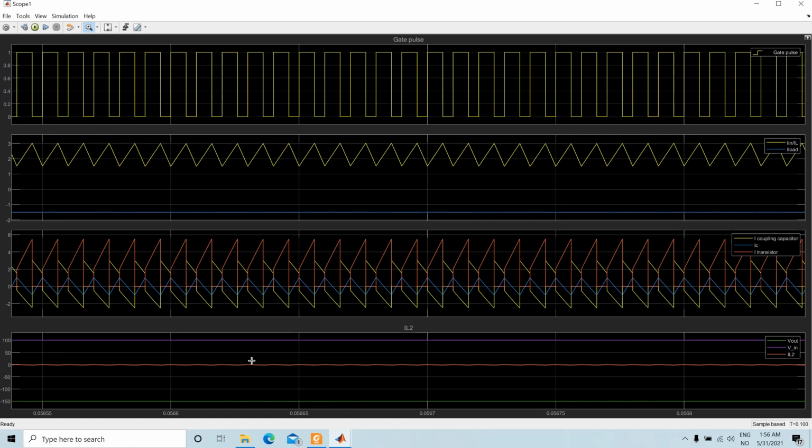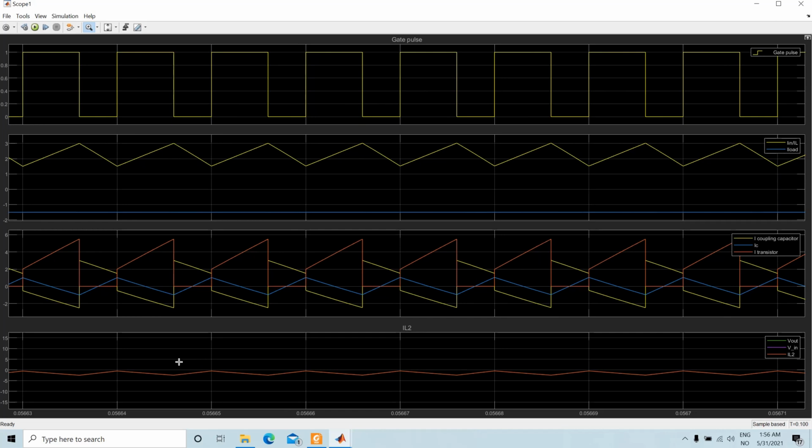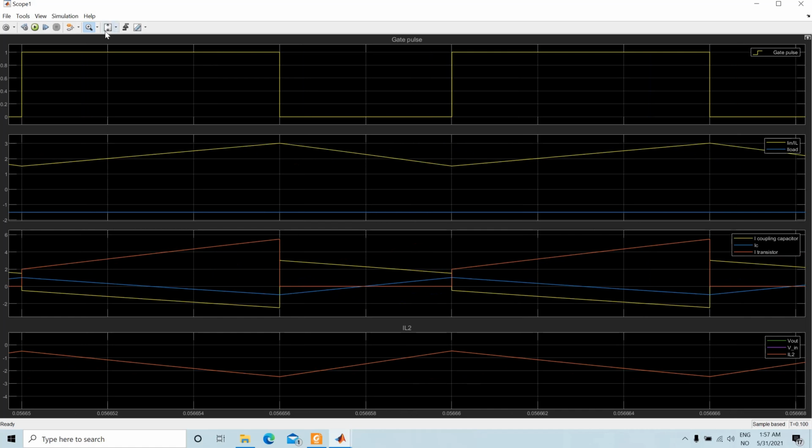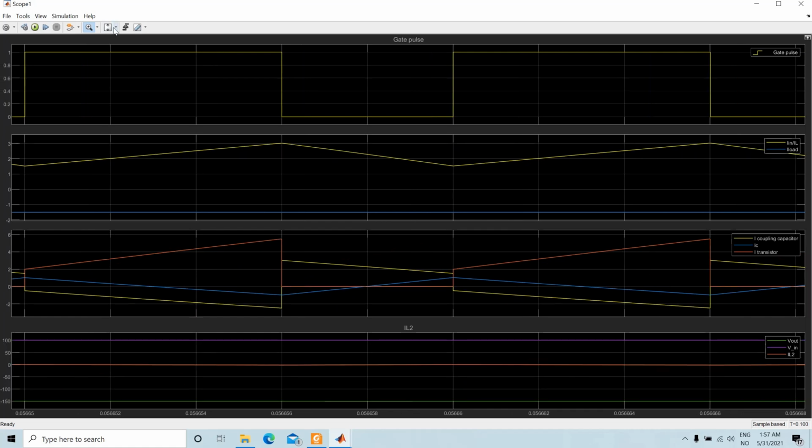This red line is the inductor current, this IL2. Then this is the gate pulse at the top. Here you can see this is the time when the gate pulse is off, and this is the time when you have 1 in the gate pulse. That means the transistor is on at that time, and during this time the transistor is off.